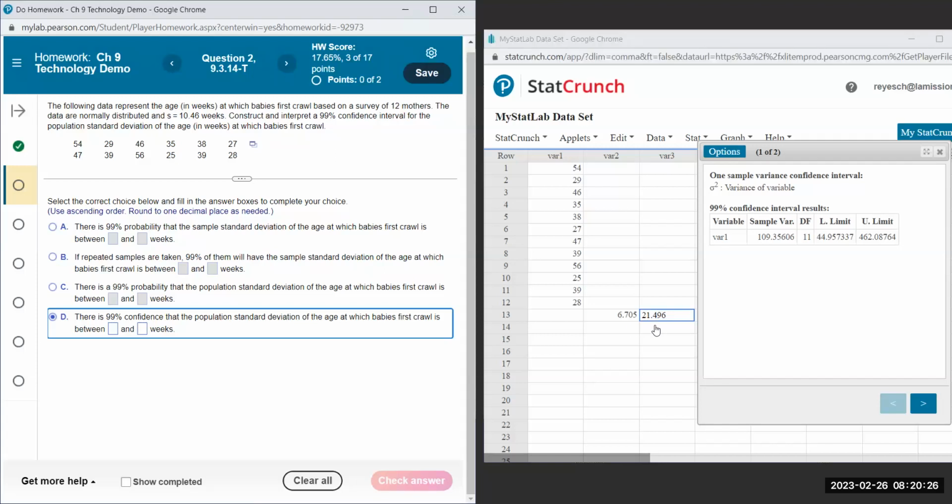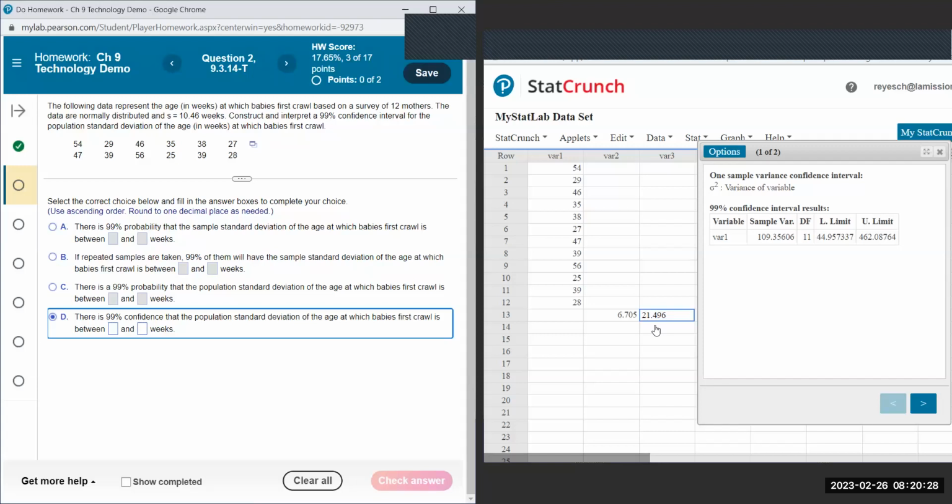We wouldn't get an interval that captures the true standard deviation for the population of babies first crawling. So again, this just measures the risk of being wrong, or the chance of getting it right as well, of capturing the truth. But that's in general for any experiment. It has nothing to do with this particular experiment. Okay, so one decimal place.